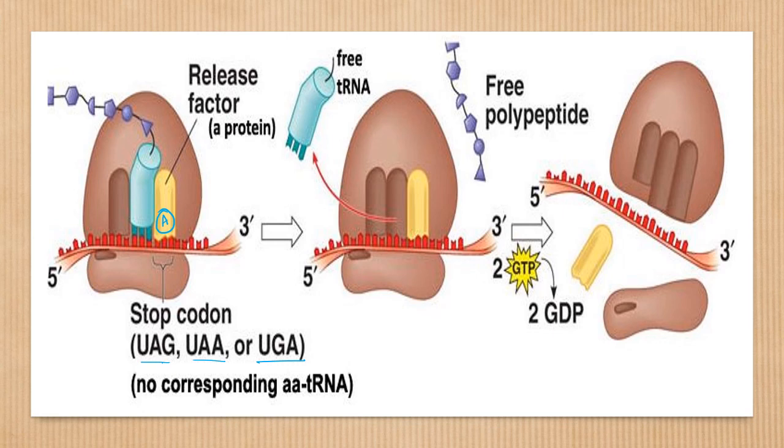This terminates the polypeptide chain. It releases the polypeptide chain from the P site, and stops the extension of that chain. Once the RNA becomes free and the polypeptide chain becomes free, both subunits dissociate, the larger and smaller subunits.